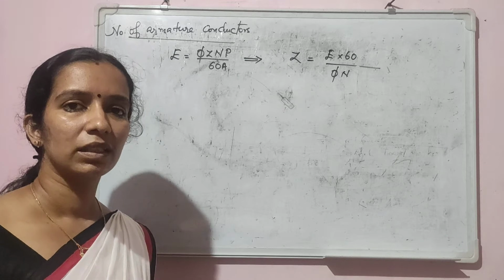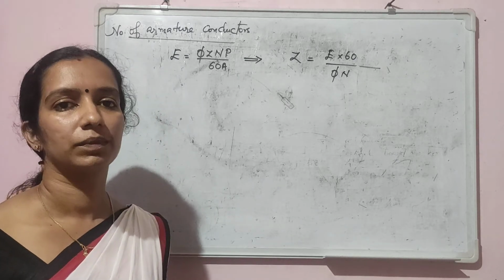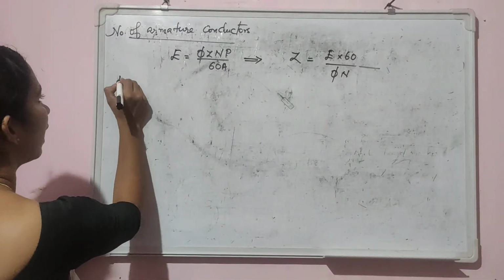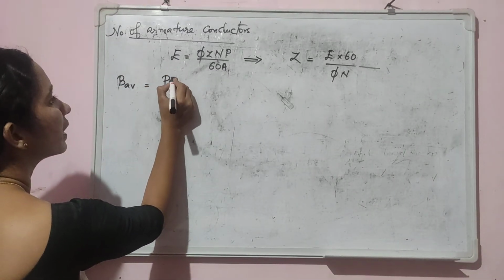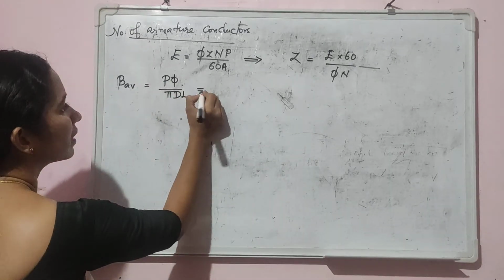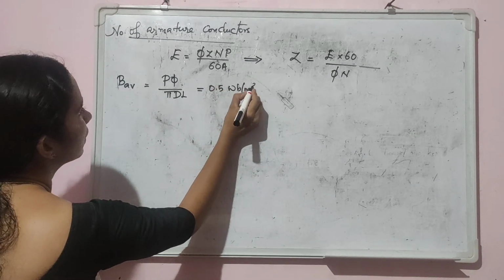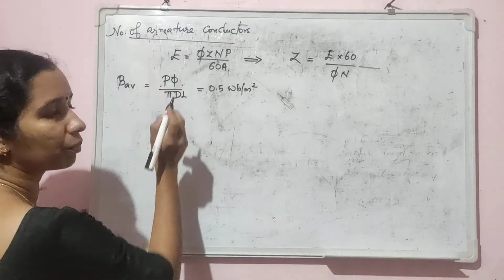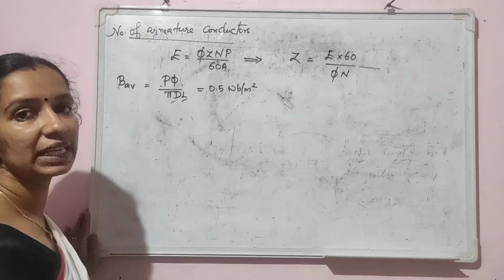For that, think of any other parameter which contains phi. We have B average, and we know the equation of B average as P phi divided by pi D L. B average is given as 0.5 Weber per meter square. We know the number of poles, and the diameter and length of the machine we have already calculated.